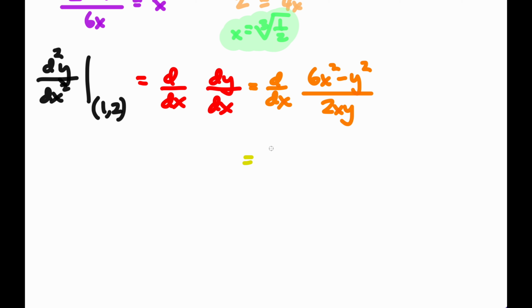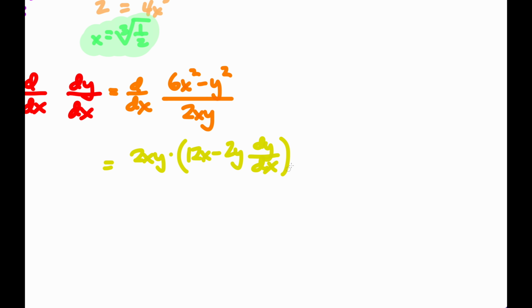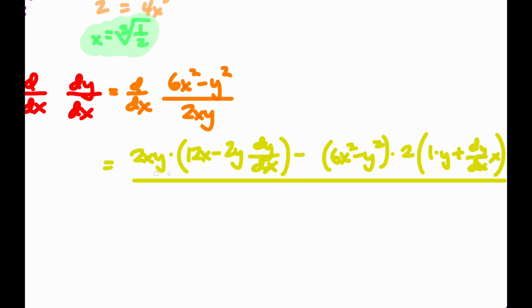So this is going to be equal to g times f prime minus f times g prime, which, holy cow, that's going to be product rule. So f prime g plus g prime f, and then we're dividing all this by (2xy) quantity squared because you're dividing it by g squared. Holy cow, this seems like a lot.